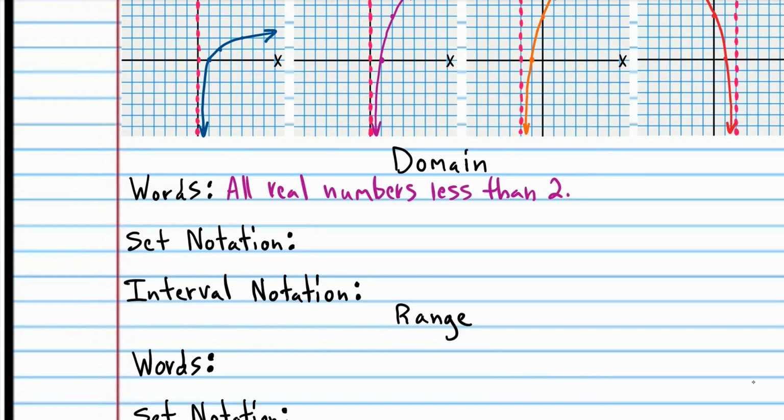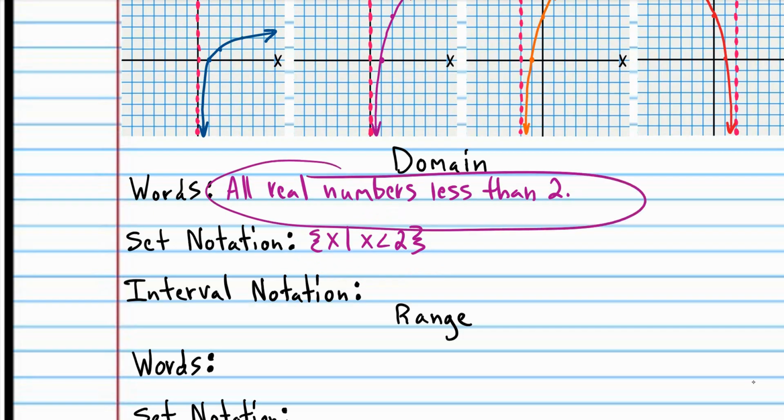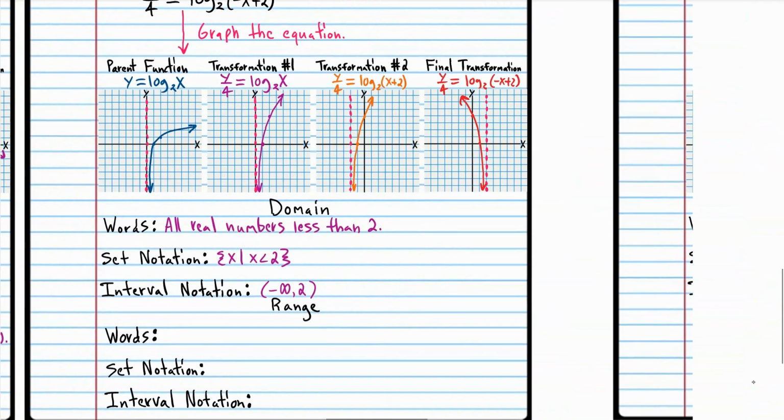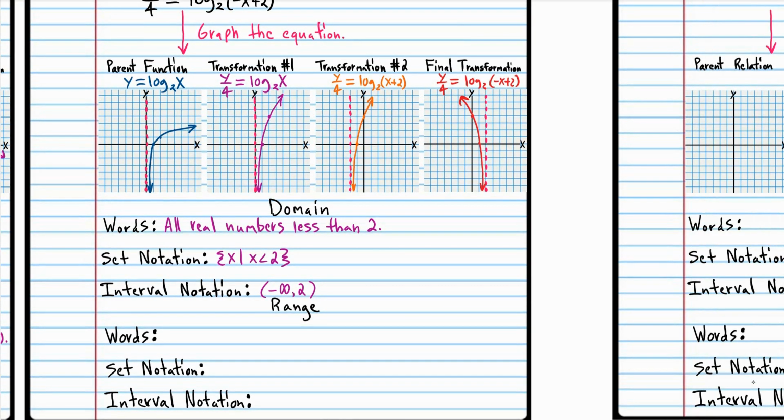And in set notation, we say the set of all x values such that x is less than 2. And you can see why we use this notation, because writing in word form takes a while. In interval notation, we say negative infinity, comma 2, and make sure we have parentheses there.